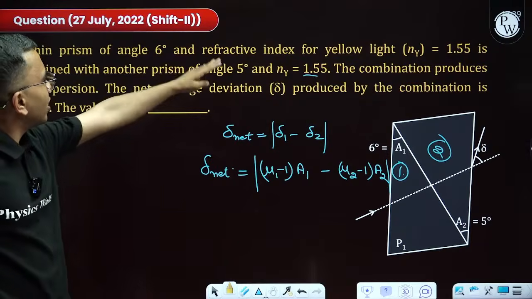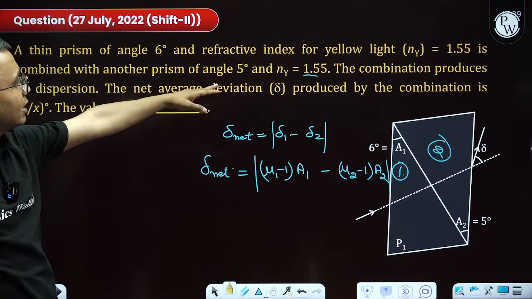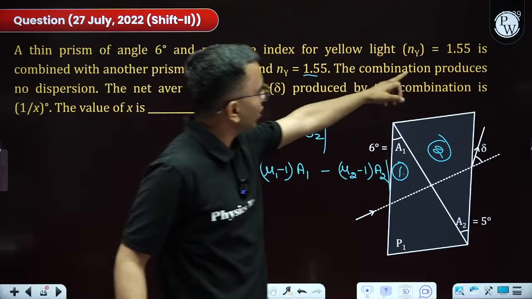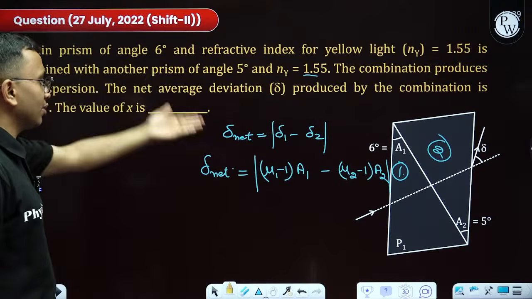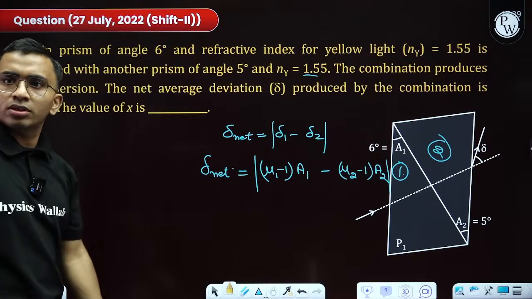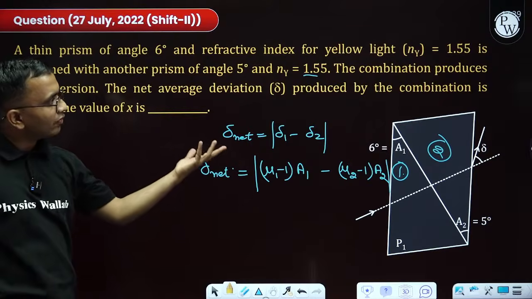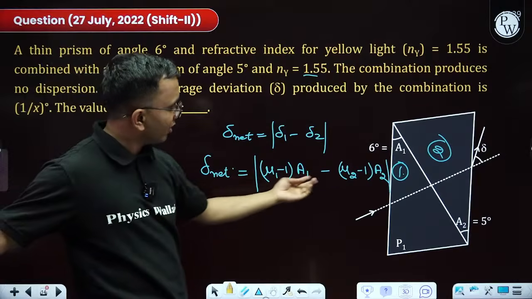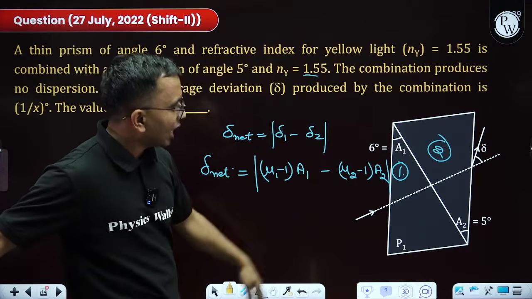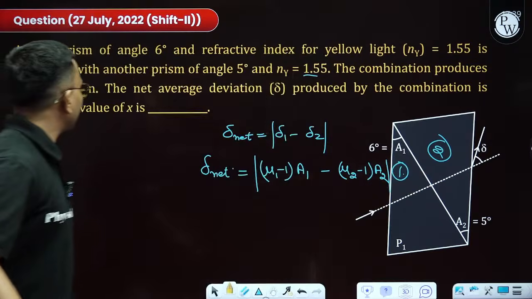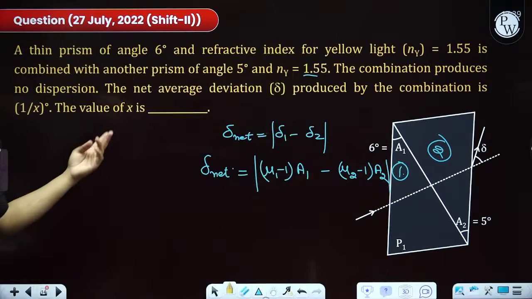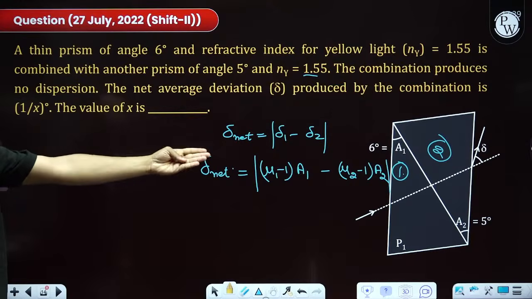I was saying there was some printing mistake here. Here this is 1.55, and here also. I don't know if they are both 1.55; we can take both as 1.55. I don't know if they are made of different materials or the same material, that is not mentioned there. But the refractive index is mentioned here as the same. If it is the same, we can put the same.